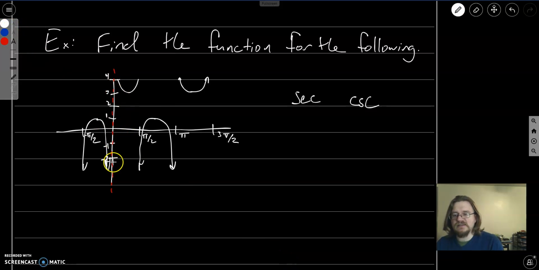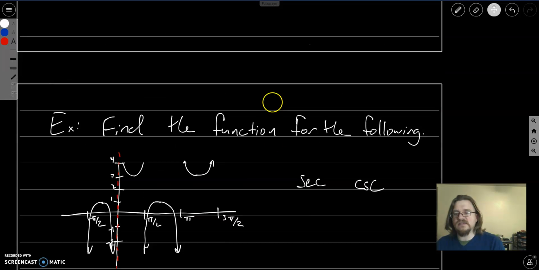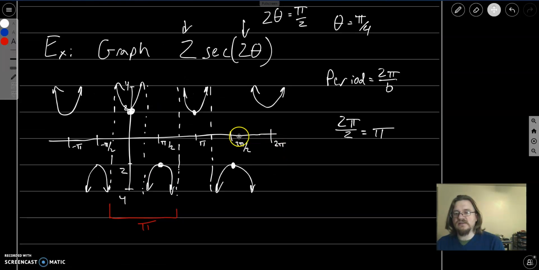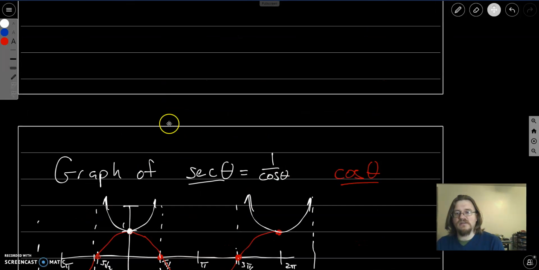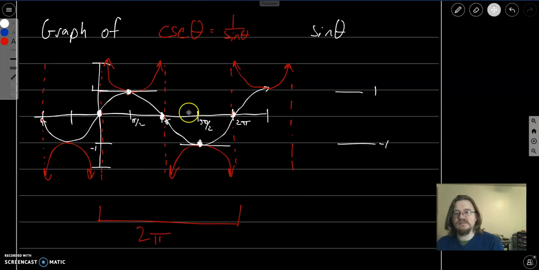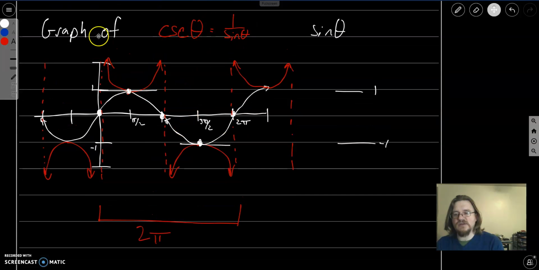This means that we should be looking at the cosecant. And why is this? Well, the secant doesn't have an asymptote at 0. The cosecant does have an asymptote at 0.